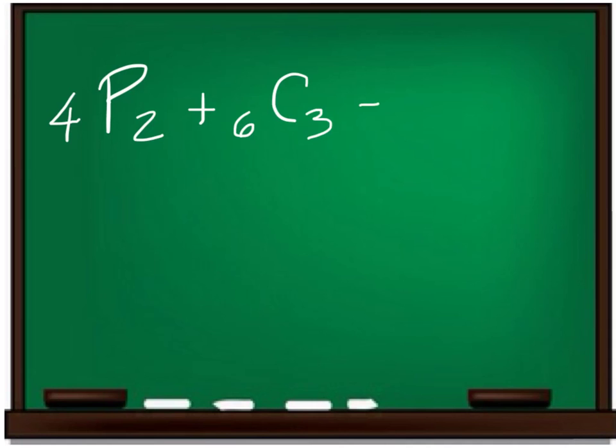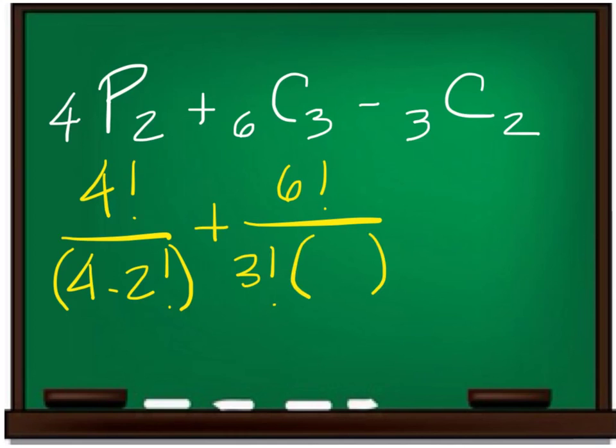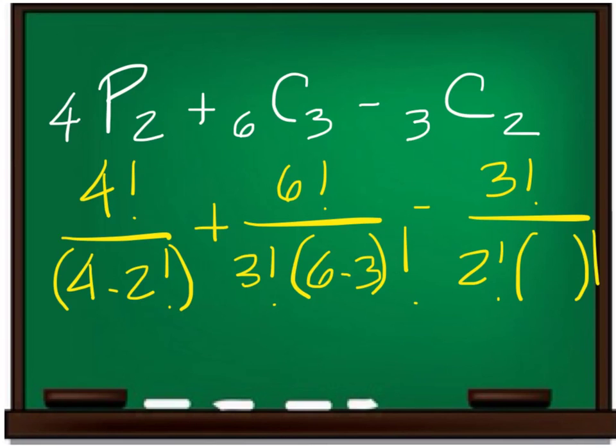Bring this one up. Well, on this problem, it would be 4 factorial over 4 minus 2 factorial plus 6 factorial over 3 factorial times the quantity factorial of 6 minus 3, and then minus 3 factorial over 2 factorial times the quantity factorial of 3 minus 2, there we go.